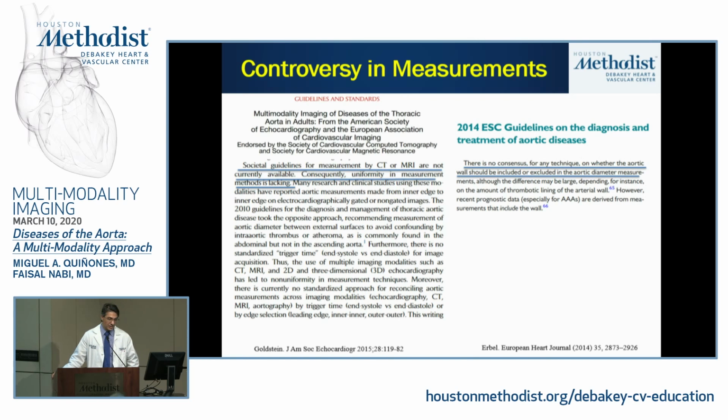Both guidelines mention this in clear text. And there's a lot of reason for this. There's a lot of confusion as to how to make the measurement, agreement in the literature between different techniques. Should you do this in end systole? Should you do this in end diastole? A lot of uncertainty with the advanced imaging techniques.